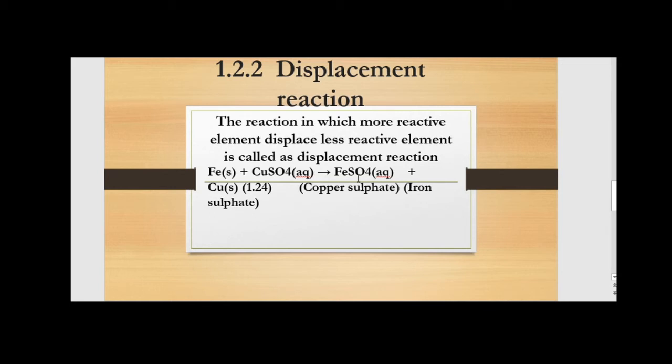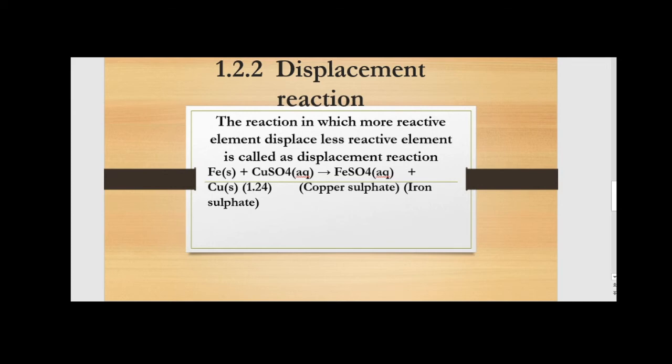Iron has more reactivity as compared to copper, so that's why it is going to displace copper and form ferrous sulfate as a product. So this is all about the displacement reaction.